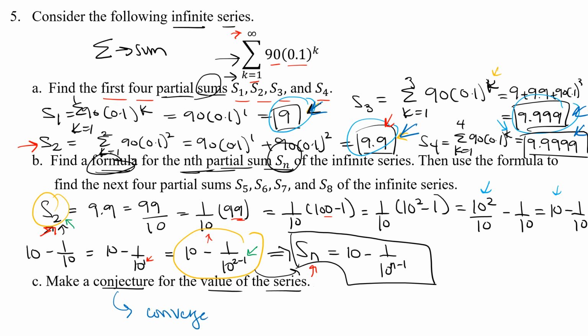We can say that it converges, and in this case, the limit approaches 10, okay? So as the value of k is getting bigger and bigger and bigger, it looks like our sum here, our infinite series, is equal to or approaching 10.